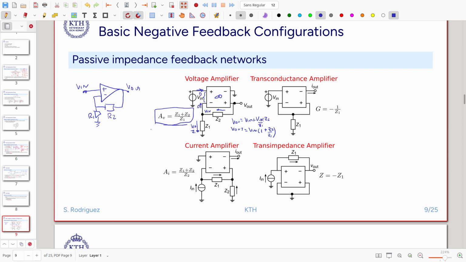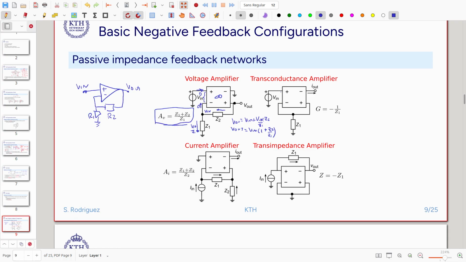We can do the same for the other amplifiers that we have. We have a transconductance amplifier. The connection is the following. We have the nullor here, and we connect the positive input of the nullor and the output together, and then an impedance to ground.